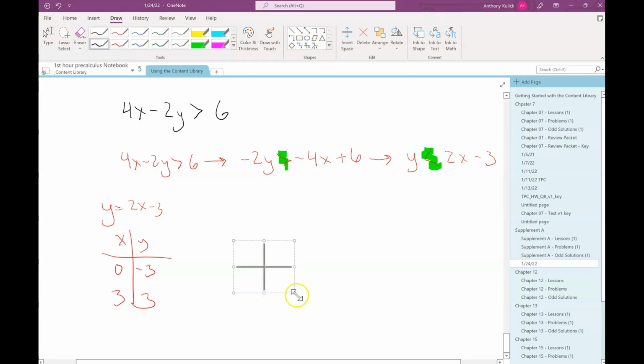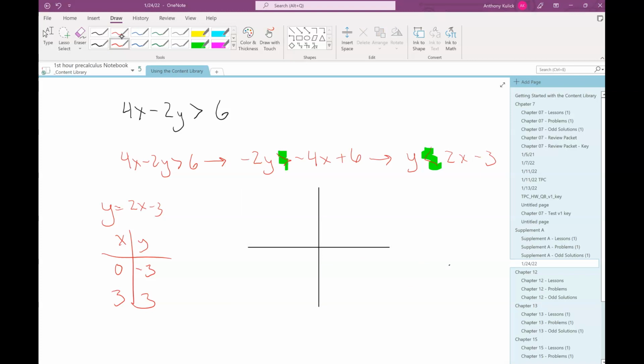It was all kind of arbitrary. So 0, -3, and then 3, 3. Now, because it was a strict less than, I'm going to draw this with a dashed line.